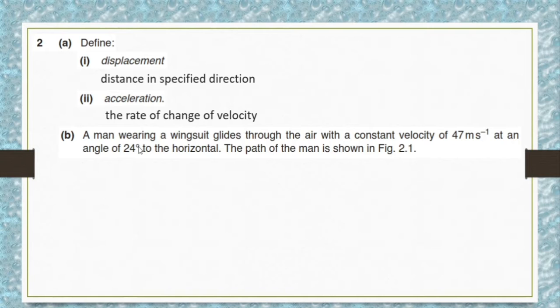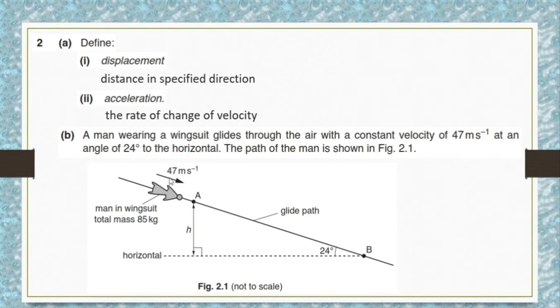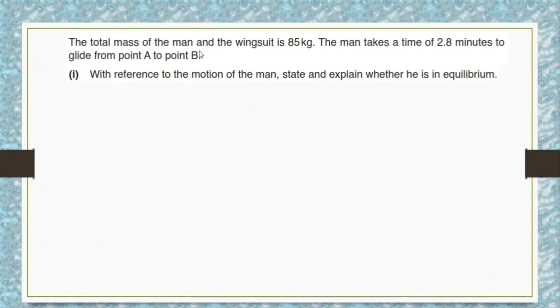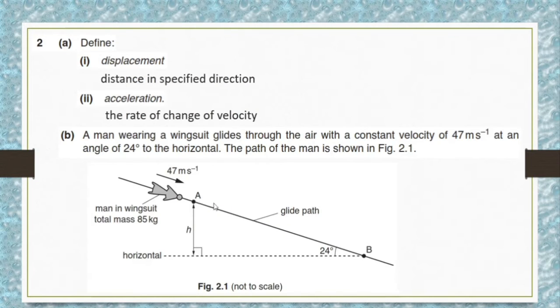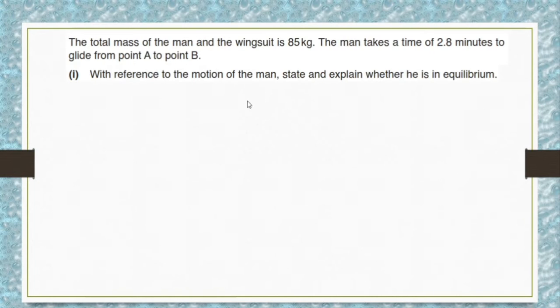2B, a man wearing a wingsuit glides through the air with a constant velocity of 47 meters per second at an angle of 24 degrees to the horizontal. The path of the man is shown in this figure. Given the total mass of the man and the wingsuit, and also the time taken to glide from point A to point B, it is 2.8 minutes.